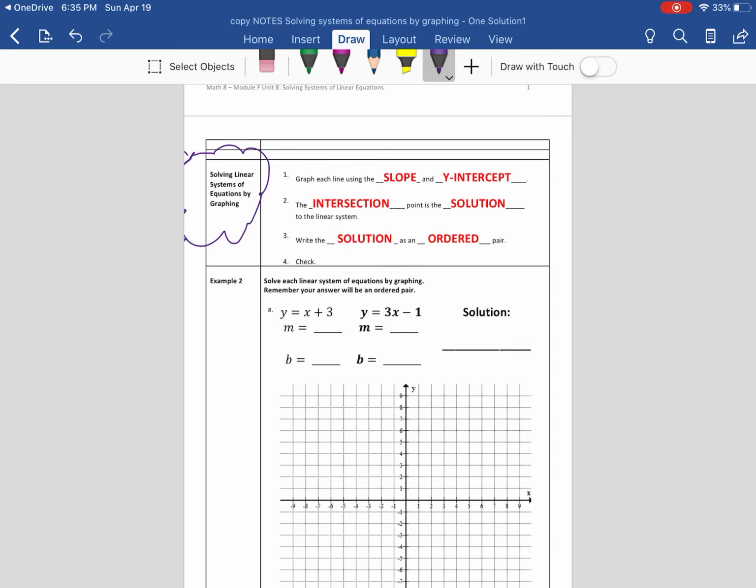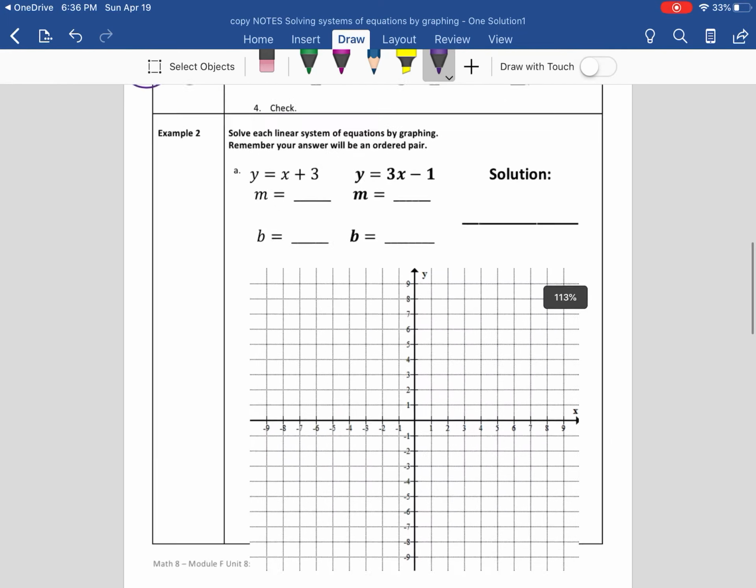And the steps that you follow are this. You graph each line using the slope, which is the m, and the y-intercept, which is the b. The intersection point then is the solution. Your solution is written as an ordered pair where the two lines cross.